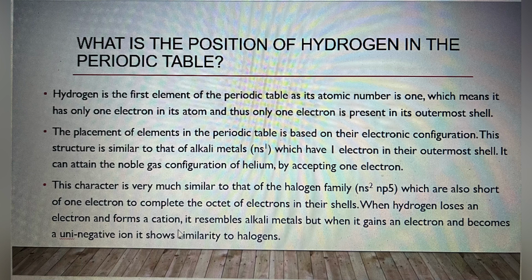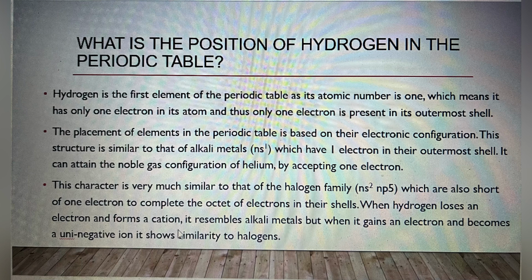Now, the placement of elements in the periodic table is based only on their electronic configuration. This structure is similar to the alkali metals, because alkali metals have ns1 configuration, which means hydrogen has one electron in the outermost shell, so it will come first in the alkali metals.